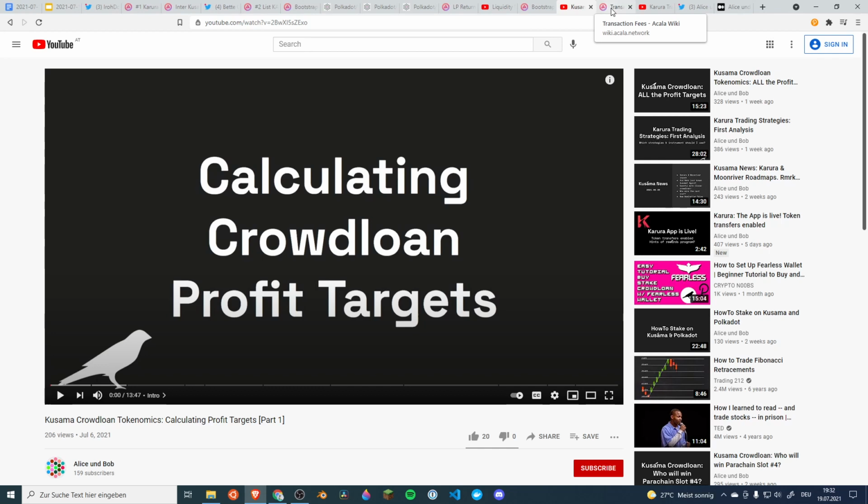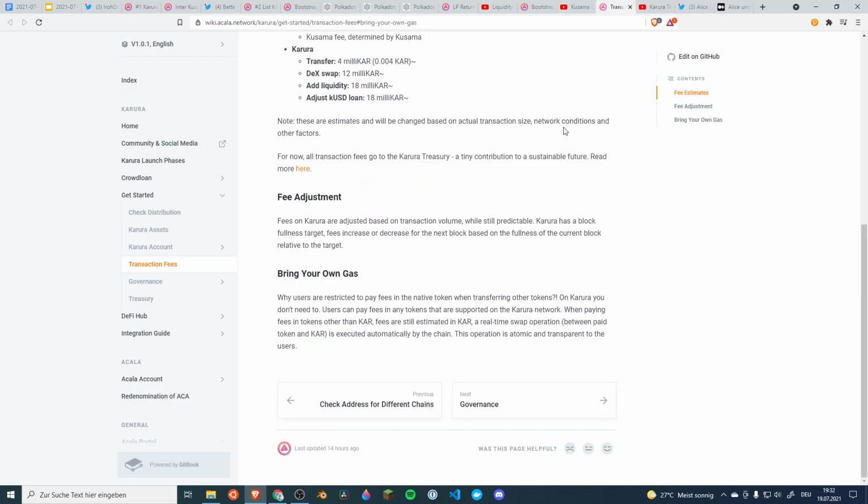One of the last questions that has been discussed on Twitter today is, what if I don't have KAR tokens? Because KAR tokens cannot be traded, you cannot sign transactions. So as we see it now, if you don't have KAR tokens, you cannot provide initial liquidity because you cannot sign transactions, and the system cannot already support you with the bring your own gas mechanism.